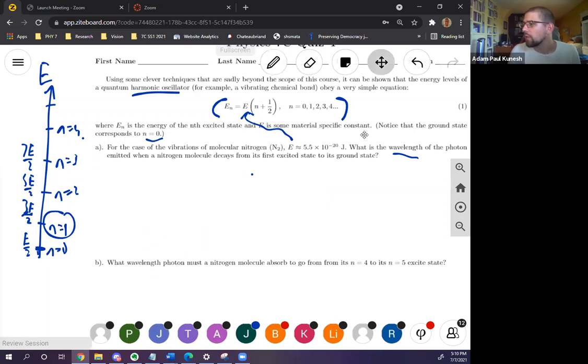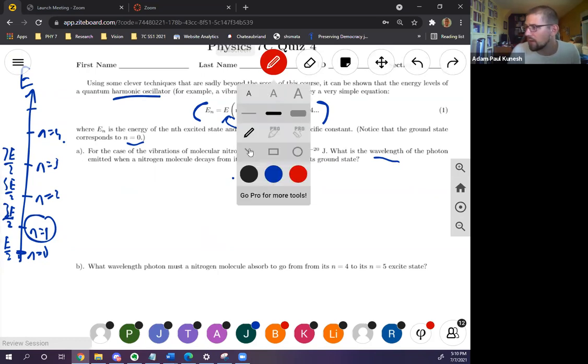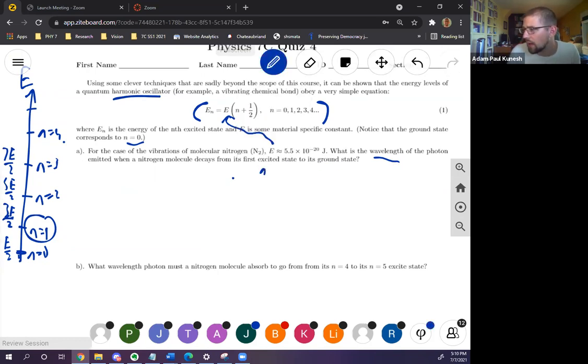So we're going from the n equals 2, from the first excited state, that's the n equals 1 state, to the ground state. We'll go and write that in just so we're clear. N equals 1 to the ground state, n equals 0. So here we go.